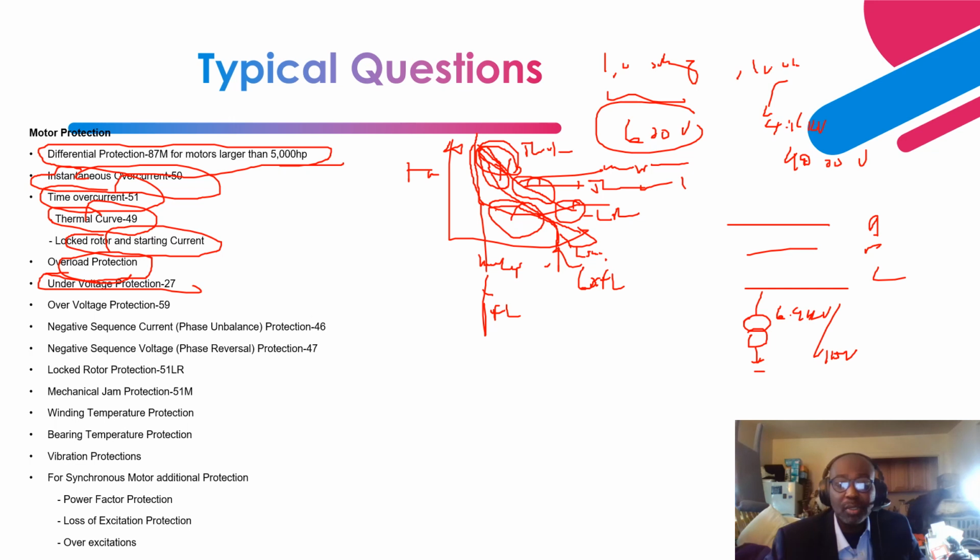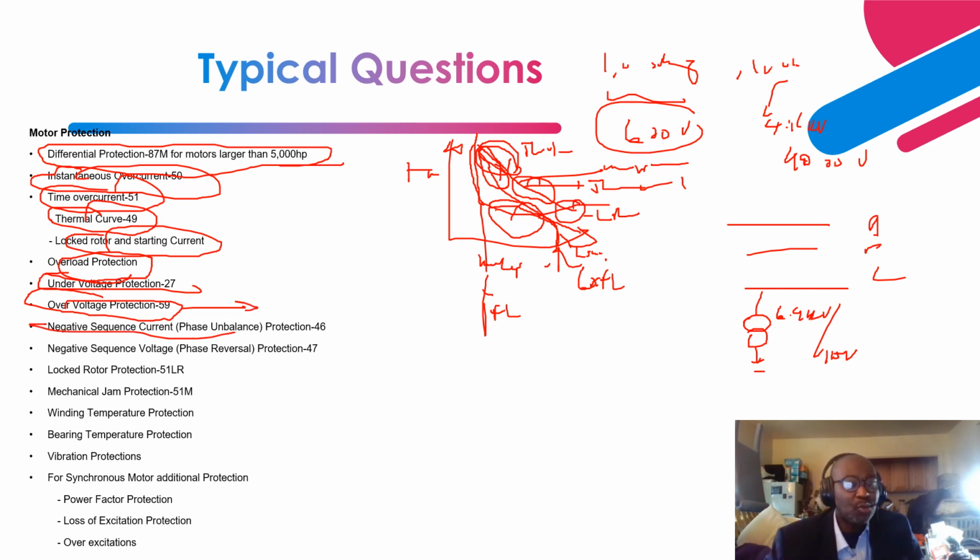So that's how this undervoltage condition occurs. Then the overvoltage condition, right? Similarly, if you have an overvoltage condition due to whatever condition, then this is the protection element that basically protects the motor.